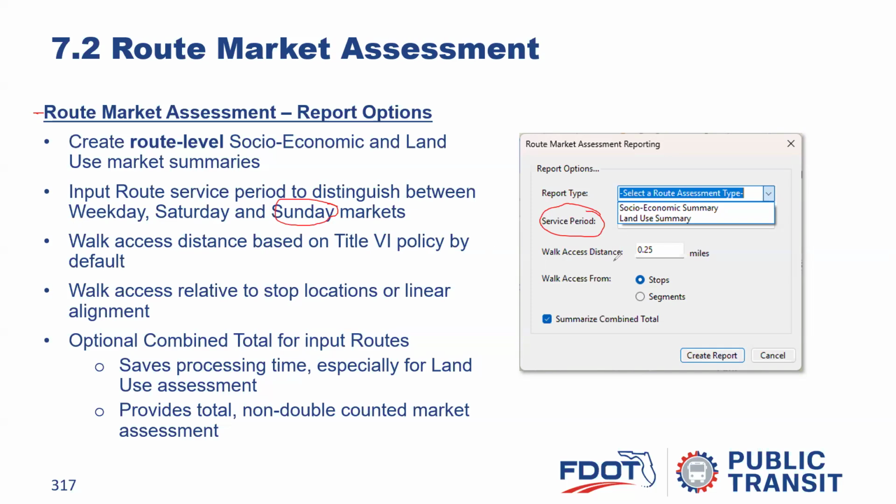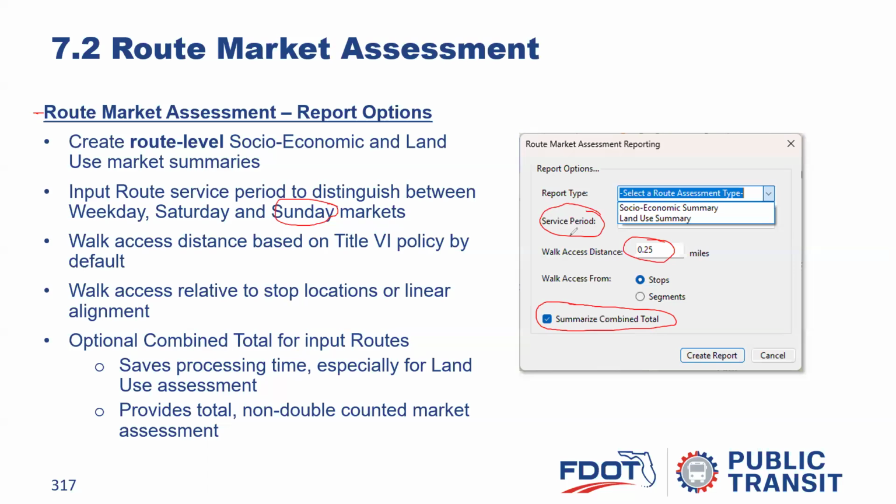Of course, the Title VI policy defines the default walk access distance, but you can change it, and then walk access from stops or segments. Now, the summarize combined total option will create a total at the bottom of the report that is the non-double counted total of all the combined areas for the input.